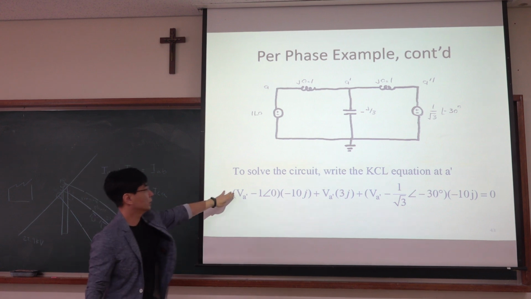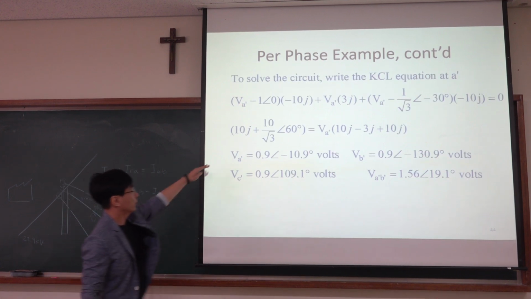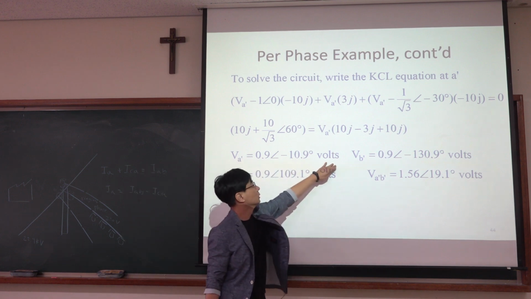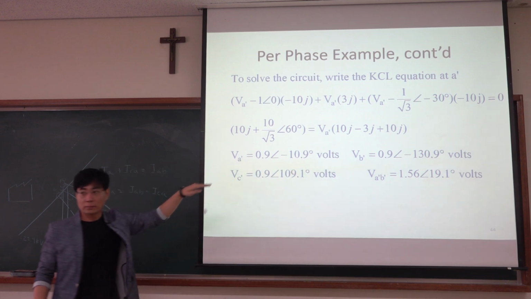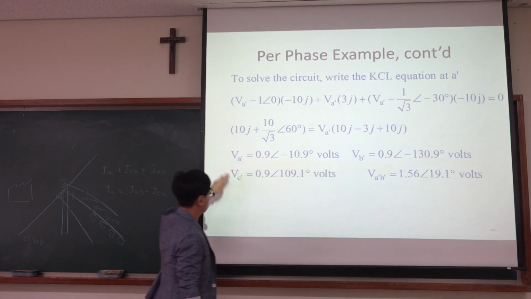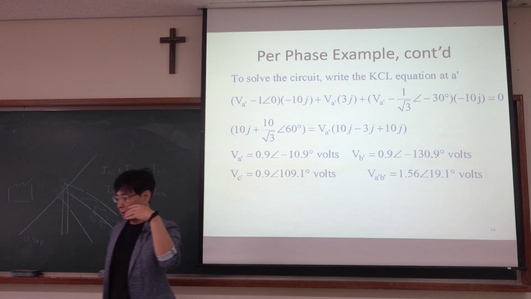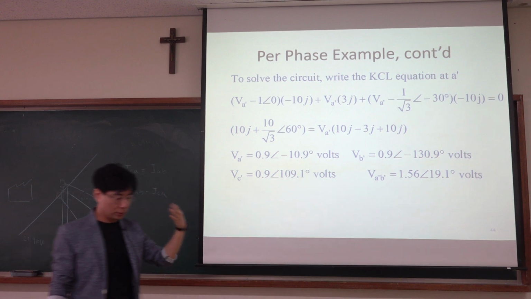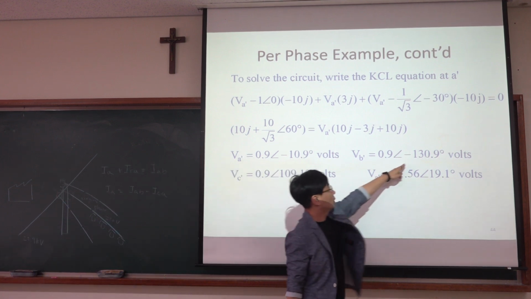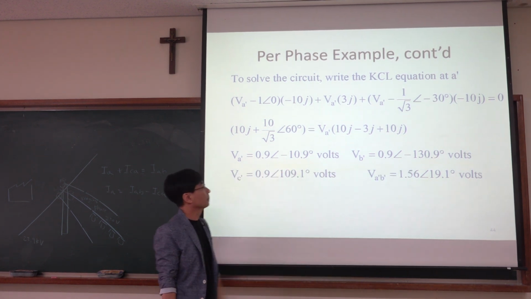Just copy this equation here and solve it, then you get this result. And V B prime and V C prime, you don't need to compute because the phase is shifted by minus 120 degrees or plus 120 degrees.